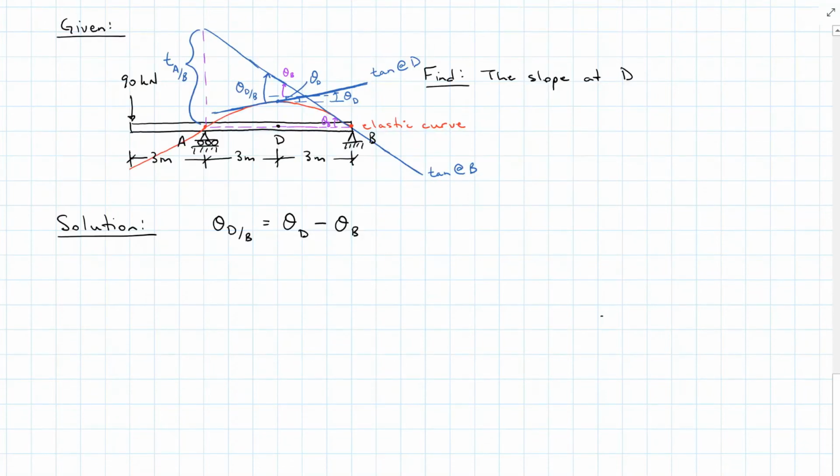Remember from Theorem 1 that theta D with respect to B is theta D minus theta B, and we can find theta D then with Theorem 1 and then adding that theta B that we can get from Theorem 2, where theta B is equal to TA with respect to B all over 6 meters.